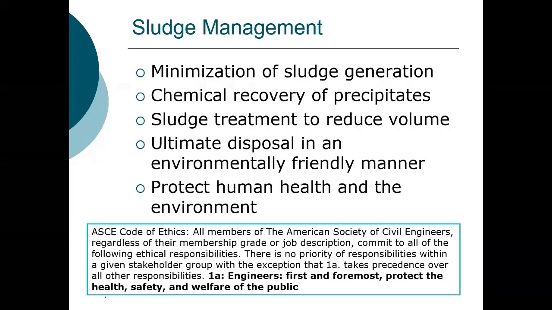So the first aspect is minimizing sludge generation. If we can chemically recover precipitates and actually reuse them, that would be optimal. It's much more difficult to do in a municipal wastewater treatment plant. It's more feasible in an industrial setting.